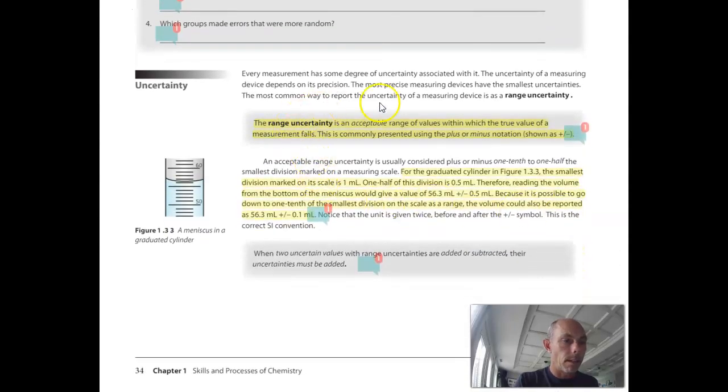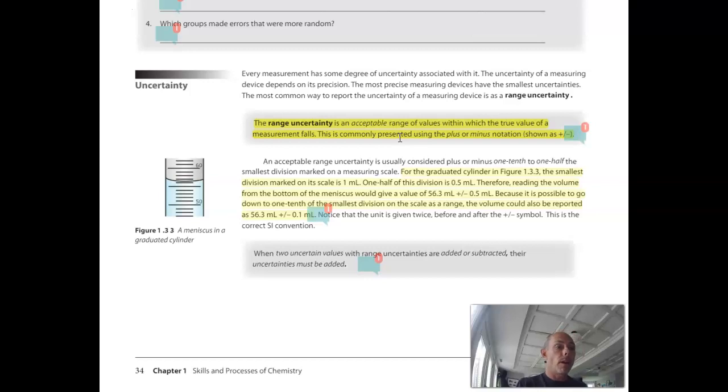and we're going to look at this definition here. Range uncertainty describes via a plus or a minus what the maximum value for a measurement might actually be and what the minimum value for that measurement might be.